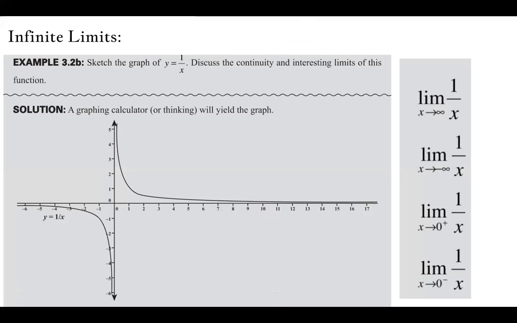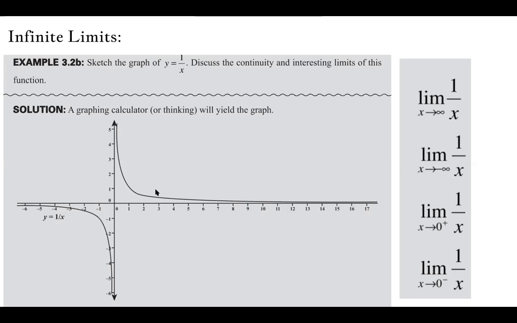And I got this problem from the ACA DECA resource guides also. So this is y equals 1 over x, and it says discuss the continuity and interesting limits of this function. So remember, the graph is continuous if you don't have to pick up your pencil at all when drawing it.